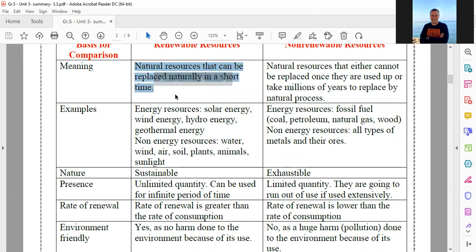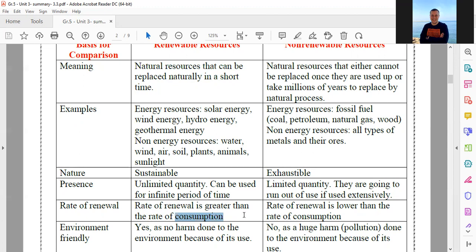So what was taken will be replaced in a short period of time. So the rate of renewal, the rate of producing more of this natural resource, is greater than the rate of what we use. Consumption means taking something or using something.